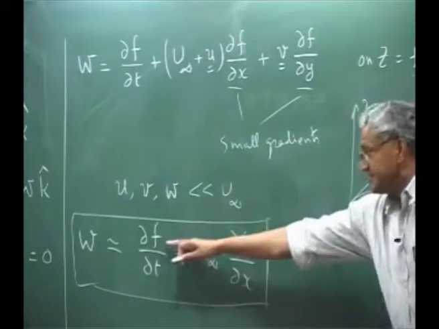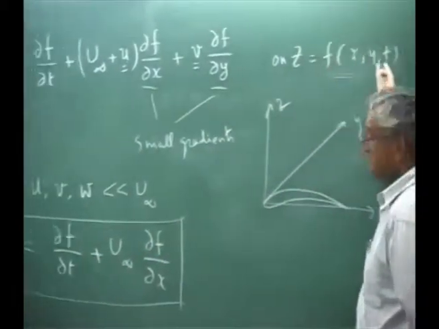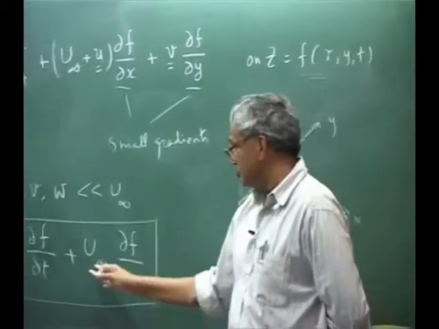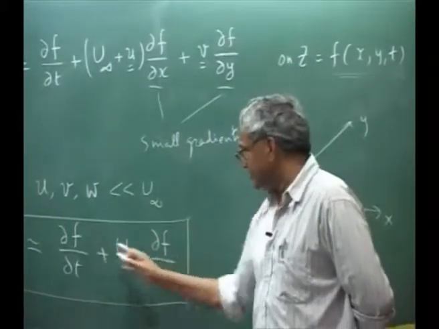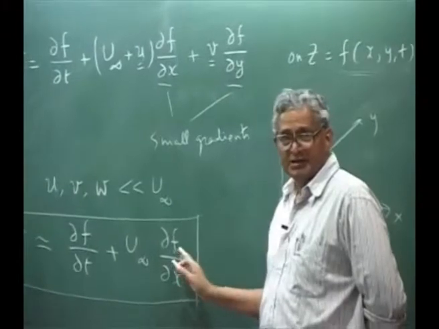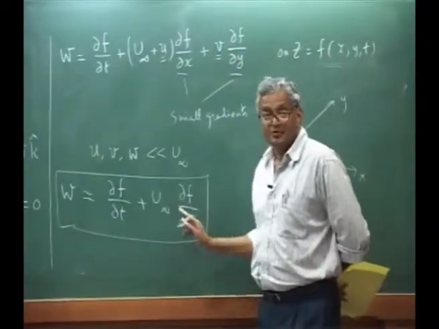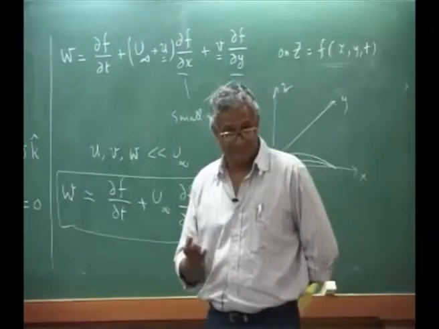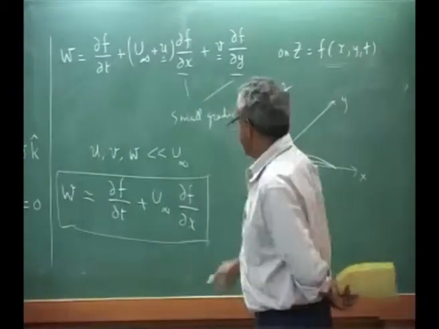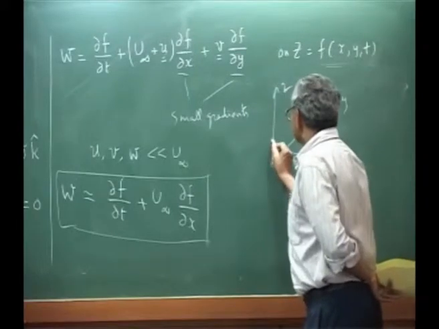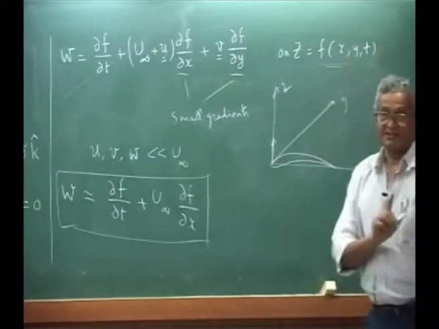Now I know the surface equation f of x y, this function, I will substitute u infinity, I can know this. Only thing is my flow velocity must be equal to this. Flow velocity normal, whatever we said, w. W is along the z direction.